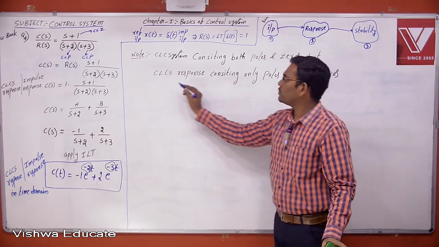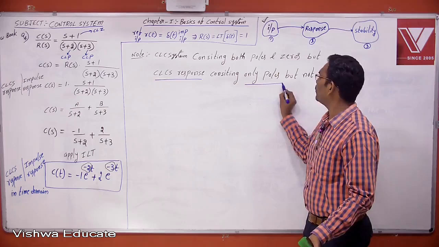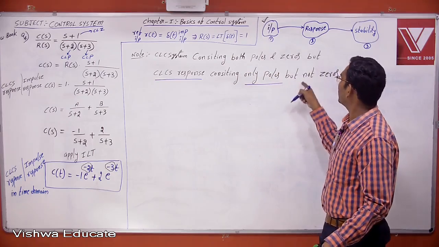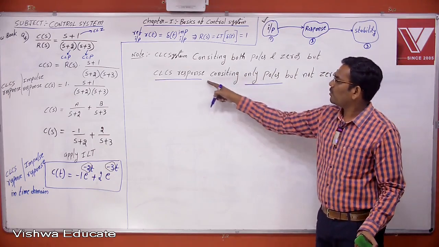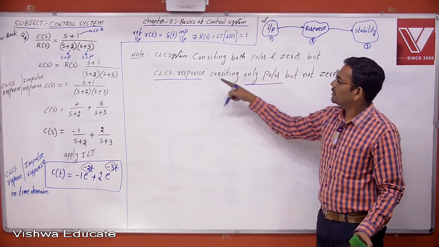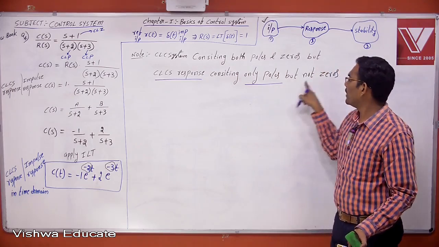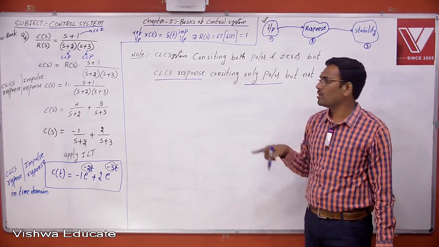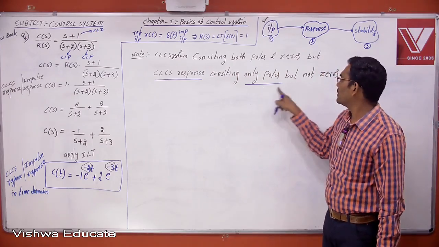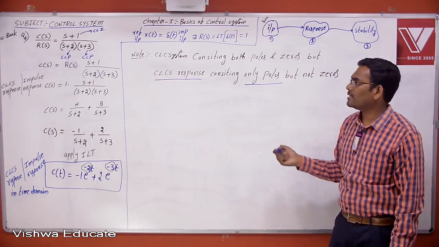Therefore, the behavior is decided by only poles but not zeros. That is the reason why, for finding the system time constant, we consider only poles and not the zeros. That is a very clear statement here.